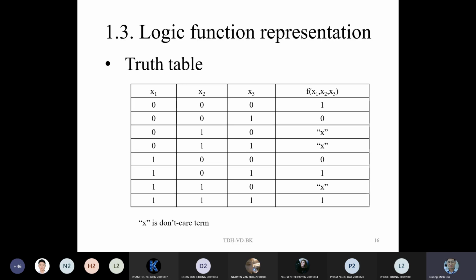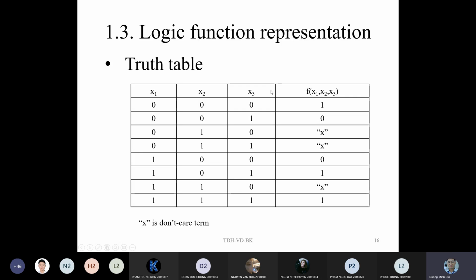So we usually present the logical functions by the truth table. For the truth table, we try to list all the possible combinations of the input, and we write down the corresponding value of the function, and then we can get the truth table.